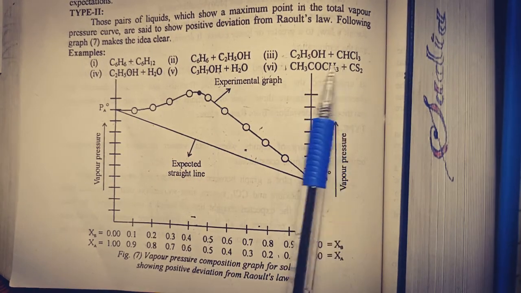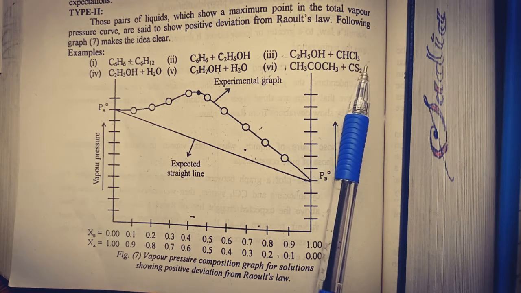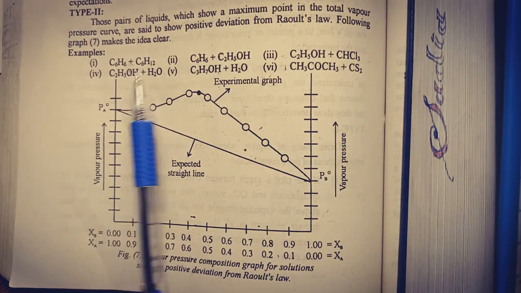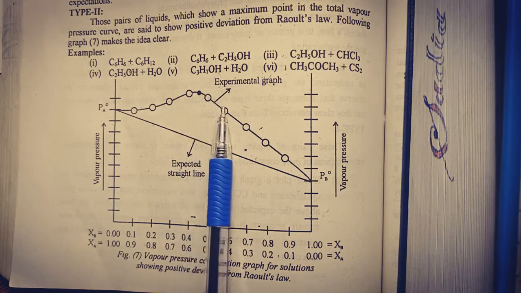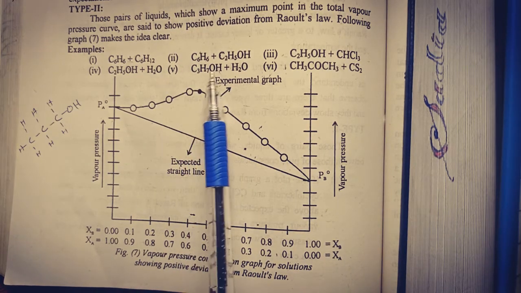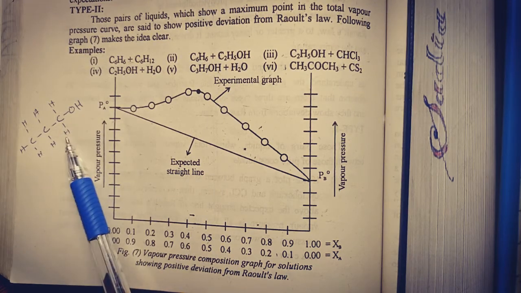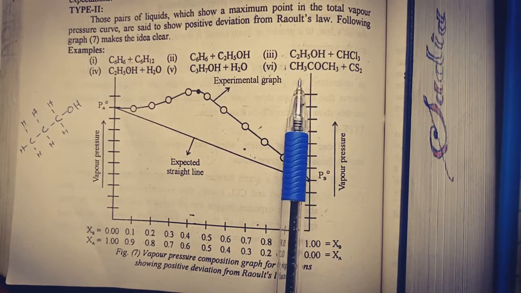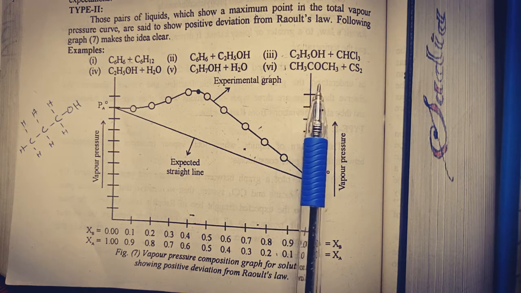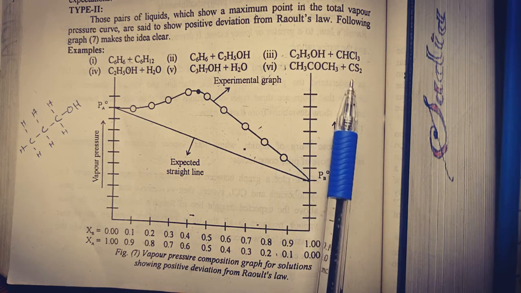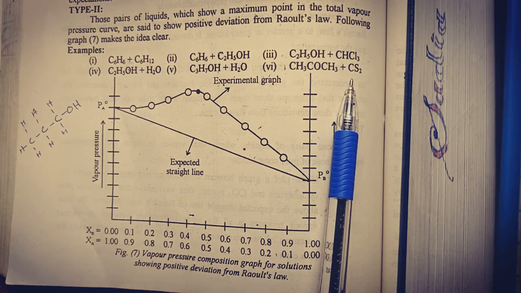benzene, ethanol and chloroform, ethanol and water, propyl alcohol and water. The structure of propyl alcohol is given here. And dimethyl ether and carbon disulfide.